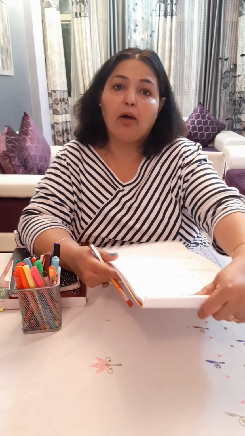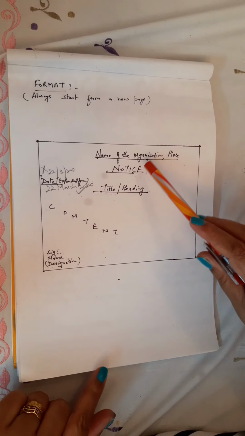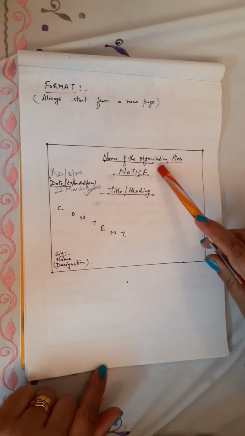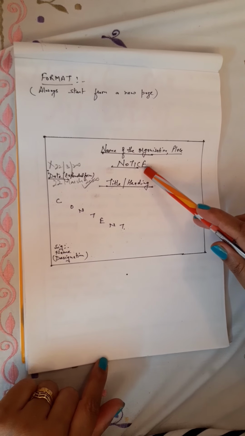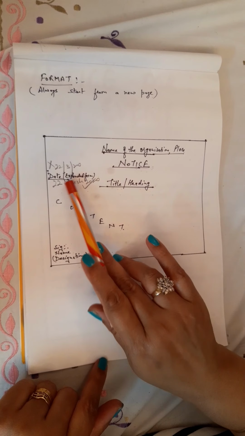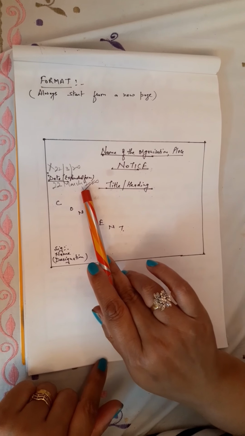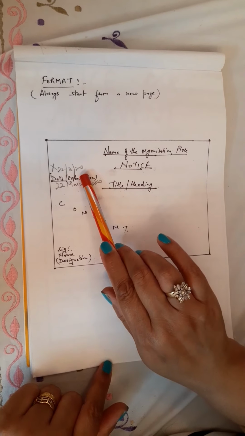Let me recapitulate the format of the notice. So this is first the name of the organization along with the place, NOTICE in capital letters, then date. I told you the date should be in expanded form, not like this.